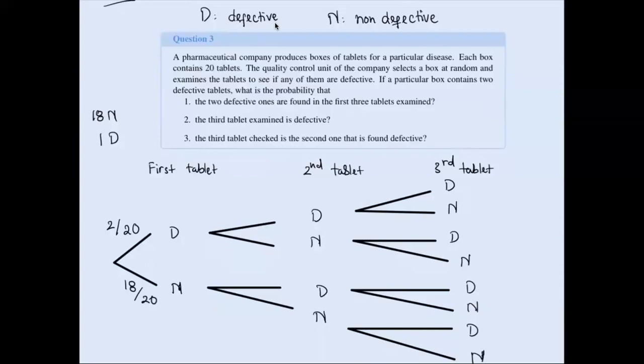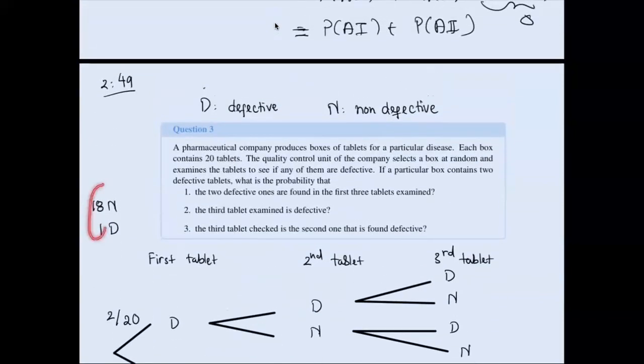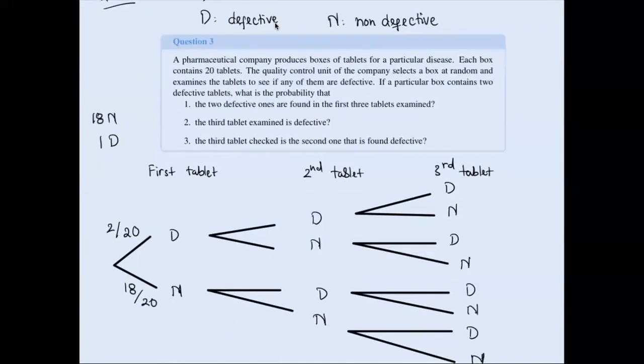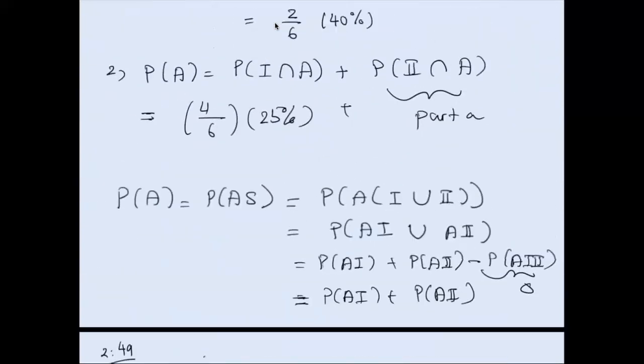Then the probability that the second tablet is defective is 1 divided by 19, because you already examined 1 tablet. You only have 19 left that you didn't touch. So this is 1/19. For non-defective, it is 18/19.